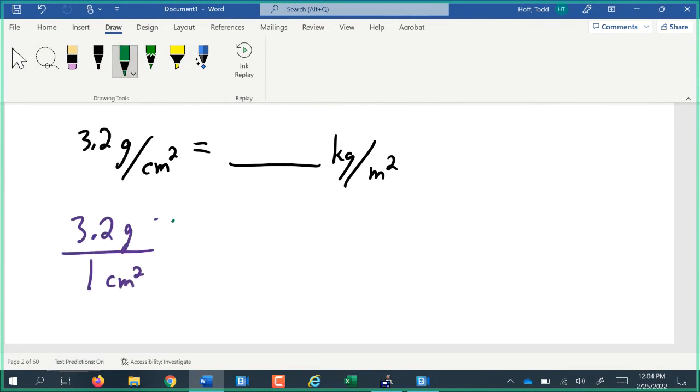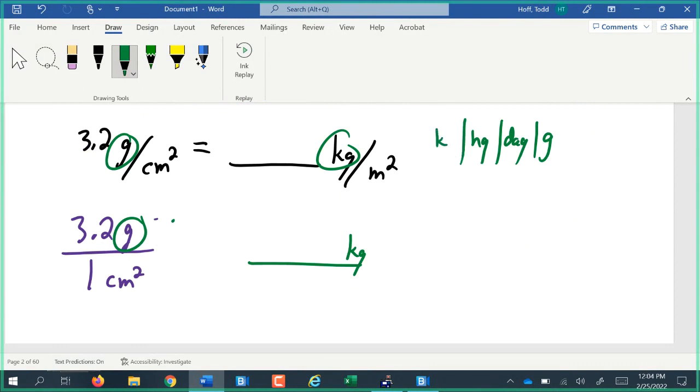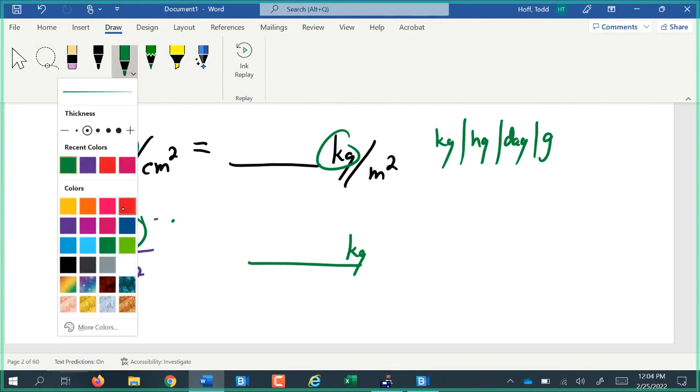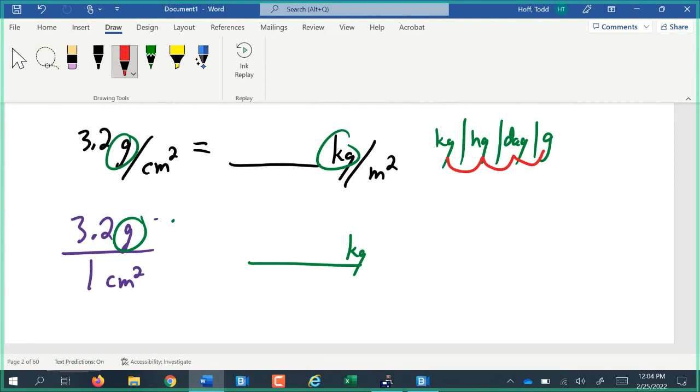And because these are metric units, we don't have to set up a conversion factor or unity fractions or anything. We're just going to change the units. Grams are going to become kilograms. I looked at my chart. If I had grams, this would be decagrams, hectograms, kilograms. 3 spots to the left. So my decimal point has to go 3 spots. I go 1, then after the 0, 2 and 3. So 0.0032 kilograms.